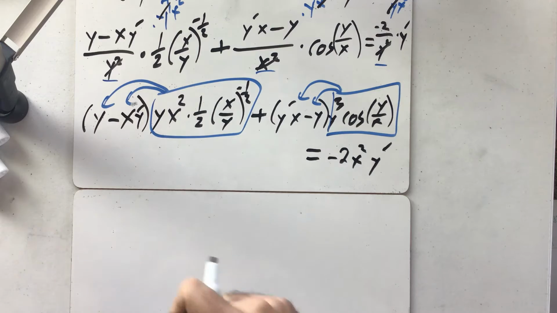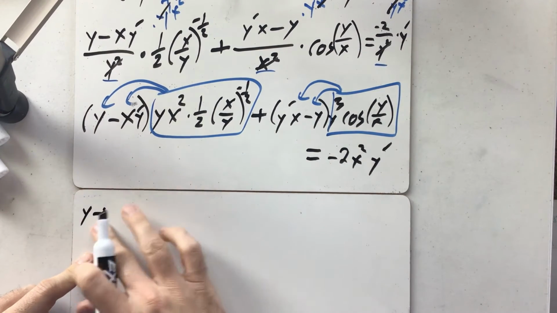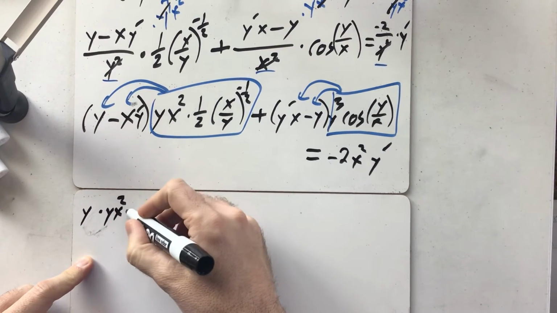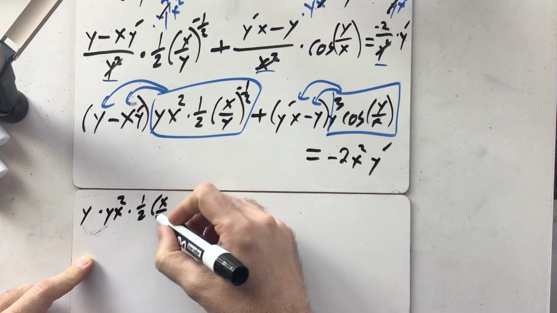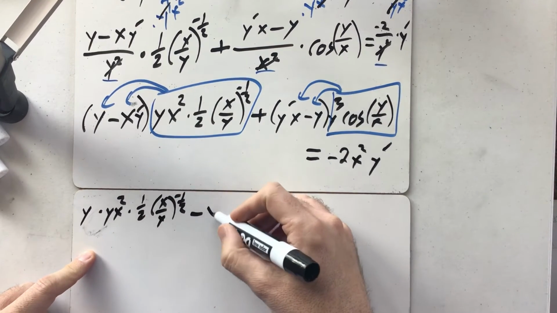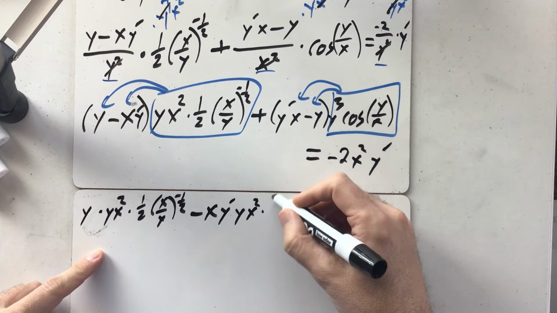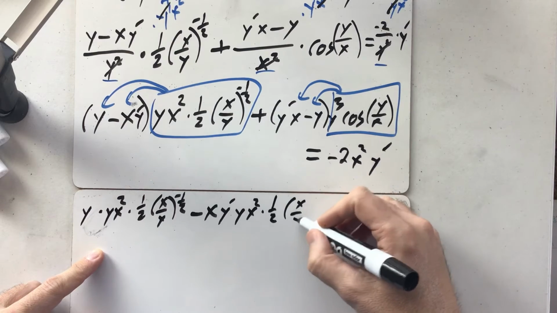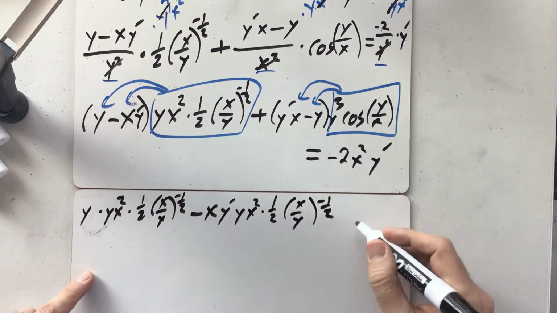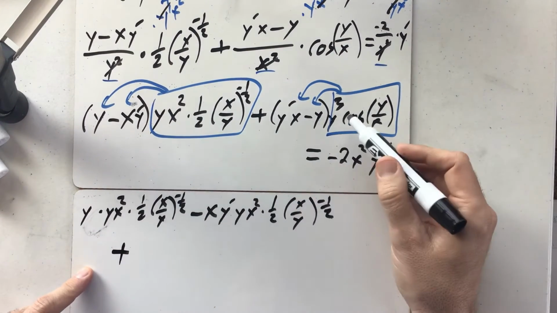So the very first thing I get is y times y x squared times 1/2 x divided by y to the negative 1/2, minus xy prime y x squared 1/2 x divided by y to the negative 1/2. Wow, so I've only written out the first term, and I'm already out of space, so I need to move down to another line, and now I multiply that here.